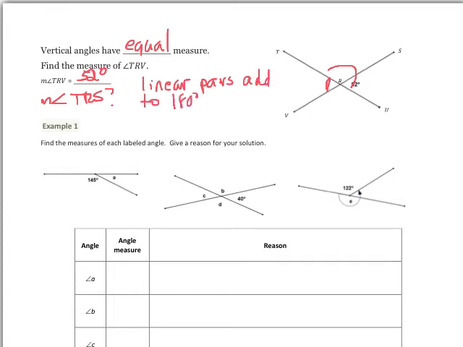So you could say the measure of angle TRS plus 52 degrees is equal to 180, and that would give the measure of angle TRS to be 128. So if you have one angle measurement in a pair of intersecting lines, you can find all four through vertical angles and through linear pairs.